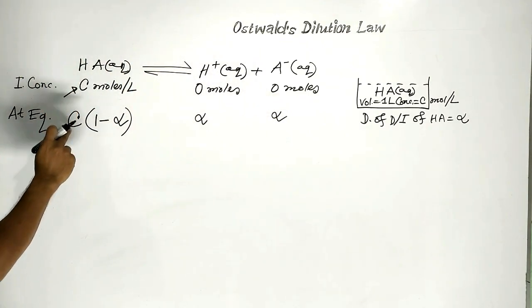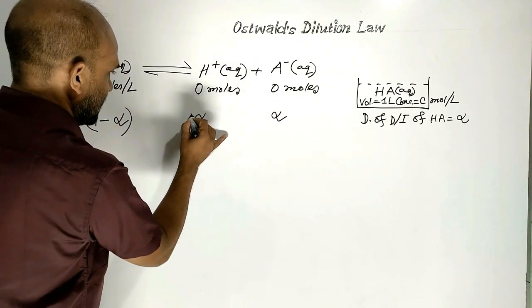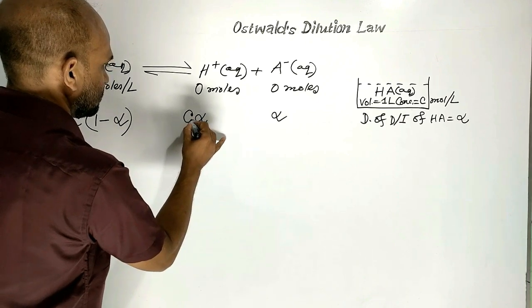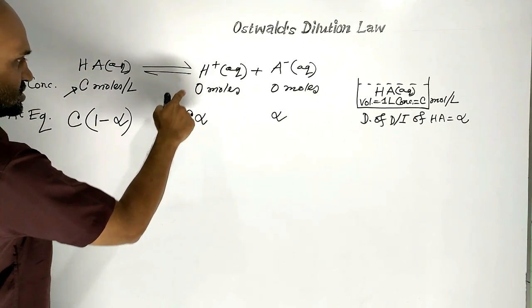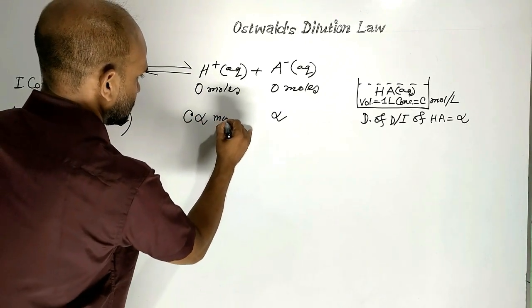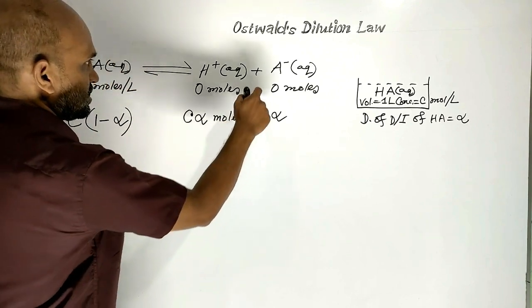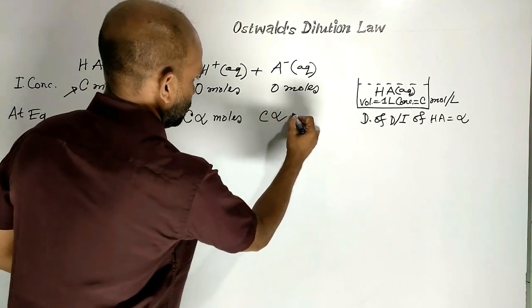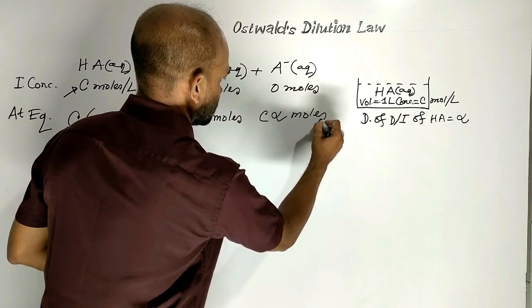Concentration of HA is C, so at equilibrium, hydrogen ion C alpha moles and anion will be C alpha moles.